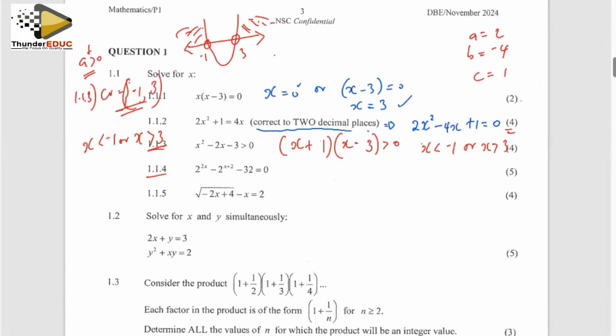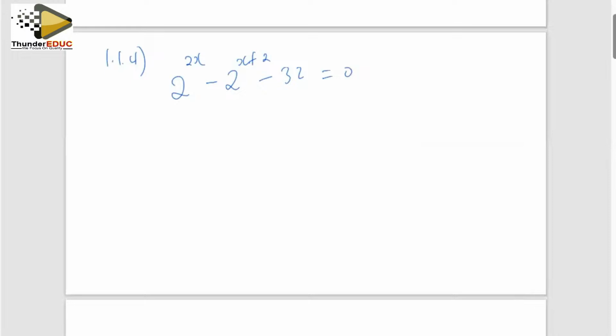Let me use the blank page so that I have more space. We confirm that it's a plus, minus, plus. What I can see is that even if I split this up, I'll have a 2 to the x, but this is a 2 to the 2x. So I can say let k be equivalent to 2 to the x.